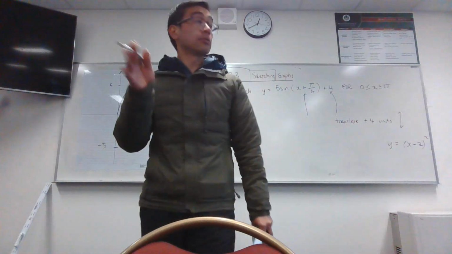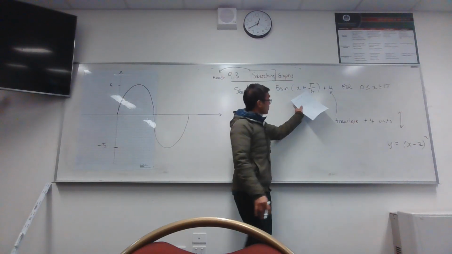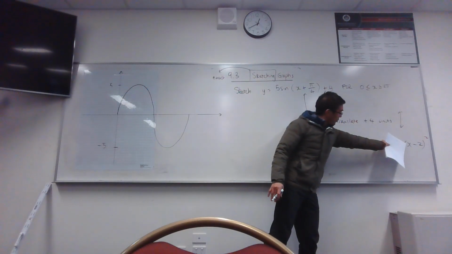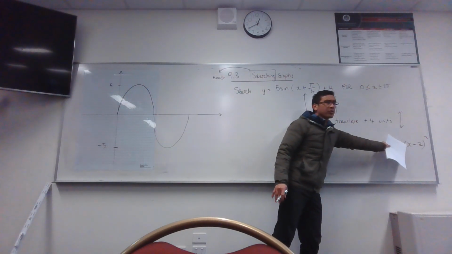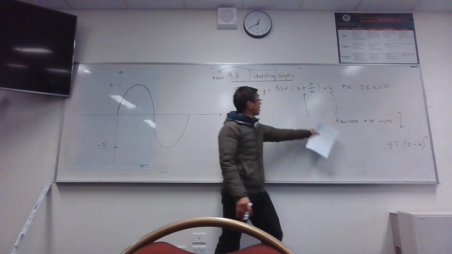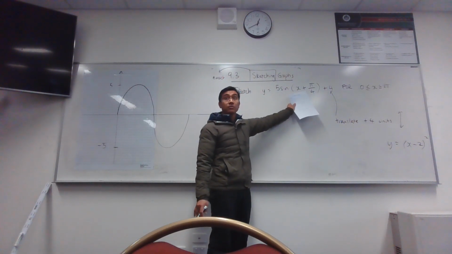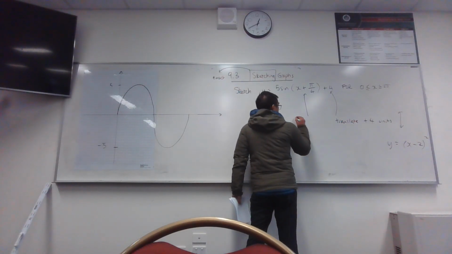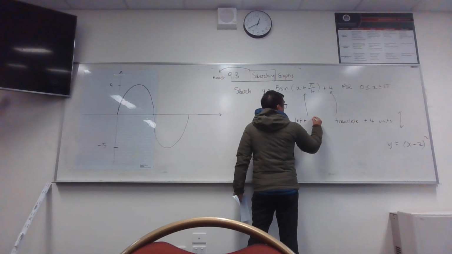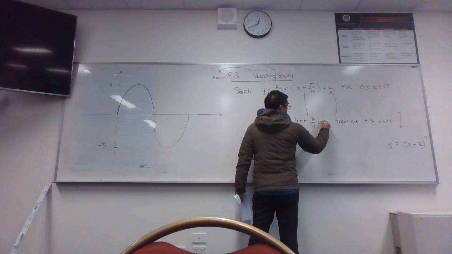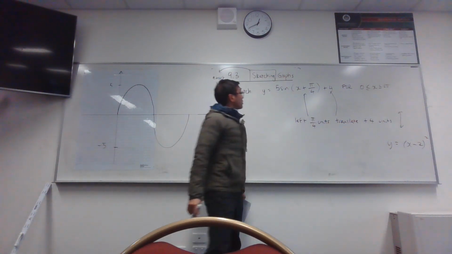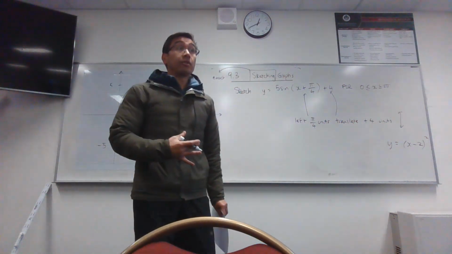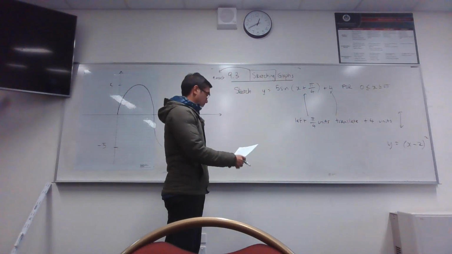It's a left to right. Okay. Same rules apply. So which way is this one going? The minus 2. Is it going right or left? It's going right. In the same way, we have a plus pi on 4. So we're shifting left pi on 4 units. And they're the things that we need to draw right now on here.